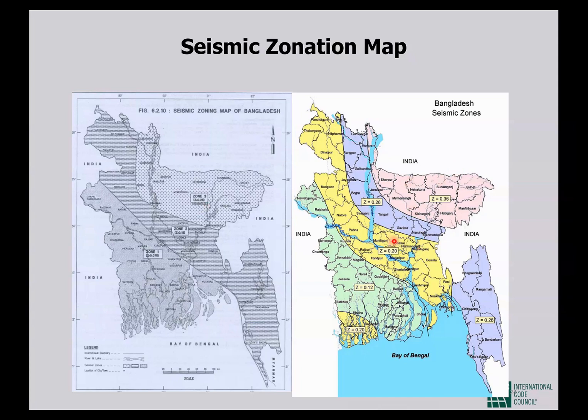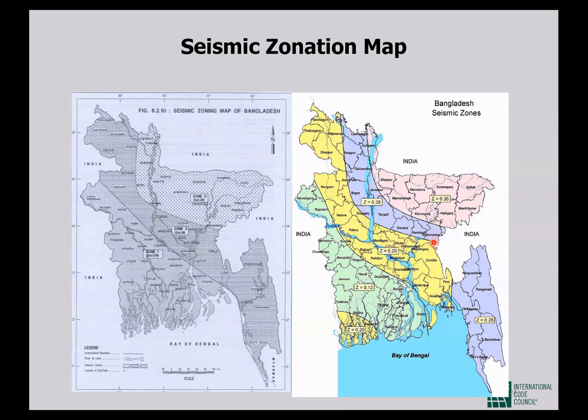The definition of MCE is 2% probability of exceedance in 50 years. So in 50 years, if an earthquake has a probability of exceedance of only 2%, that is called maximum considered earthquake.